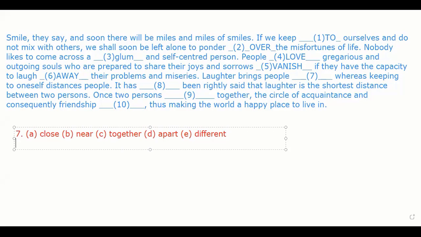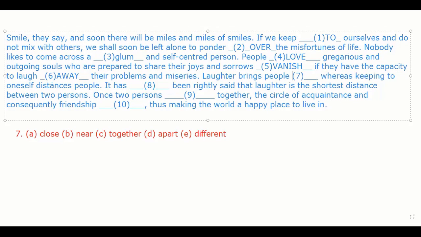It's a very easy one, I think everybody can do it. Together, says Moksha. Meghna, what's your answer? Meghna, explain to all. You are right, together. Explain why. Laughter brings people together, whereas keeping to oneself distances people.